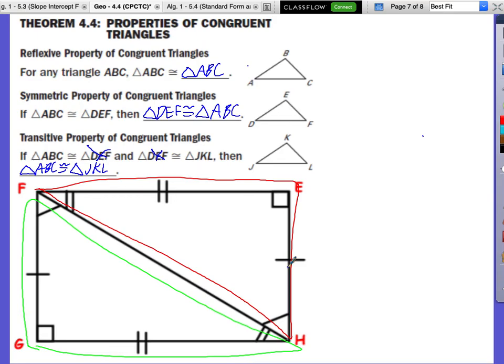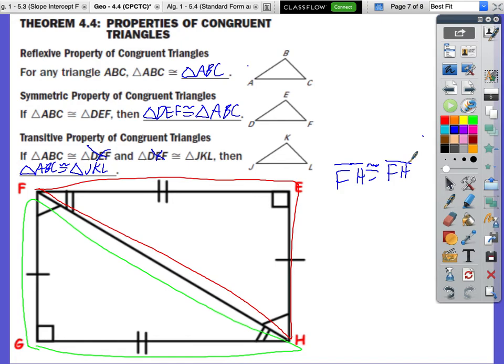Okay, FH. That's the side we're missing for both of these, right? If everything else is congruent, those have to be congruent? Not necessarily. We'll learn that. Dominic? They both have FH. How do we know segment FH is congruent to segment FH? The reflexive property of congruence. Very good.